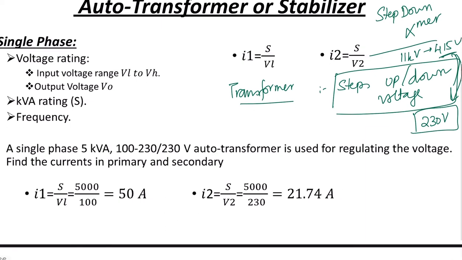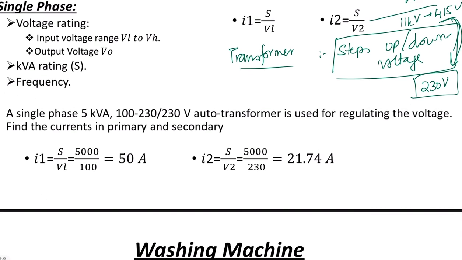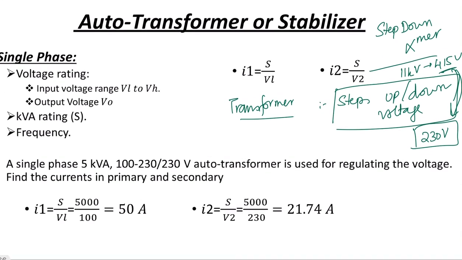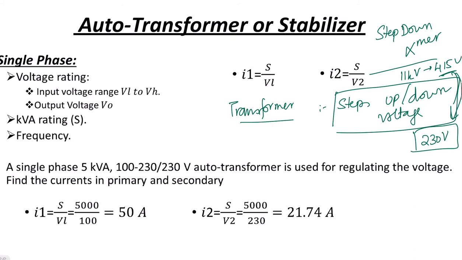In case of transformers, I think this will be too much for you to understand. I think we best skip this transformer part. Just so you know, in case of transformers we have this relation: V1 and V2, the two voltages, are in the ratio N1 to N2, and this turns ratio is also related to the two currents inversely.